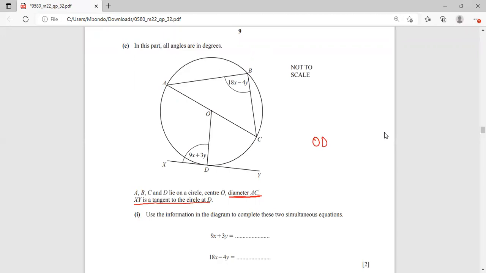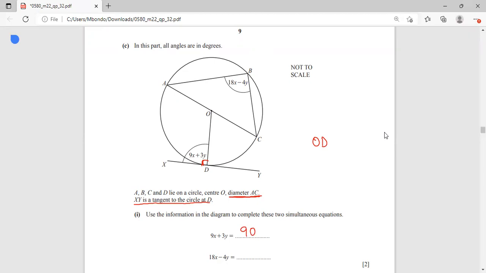You need to understand that. So this angle here is 90 degrees. Like I've told you, that is one of the circle theorems. It states that at the point of contact for the radius and the tangent, they form 90 degrees. So this is 90 degrees here.